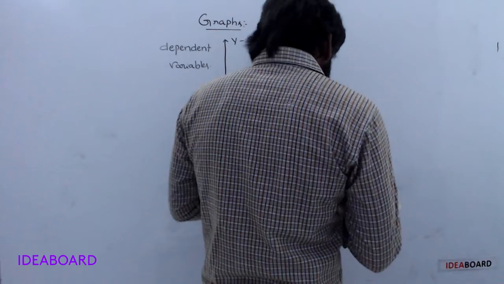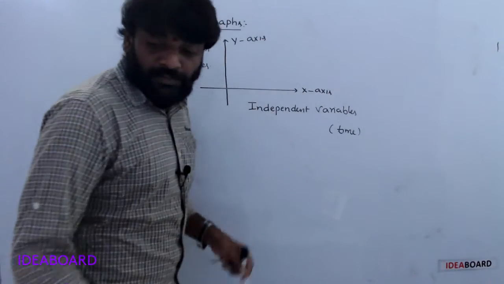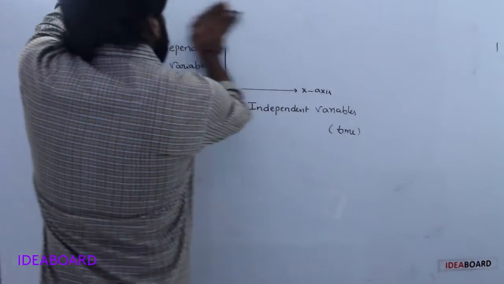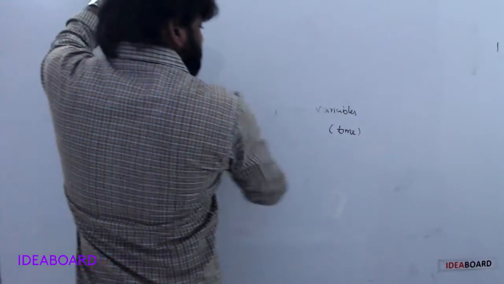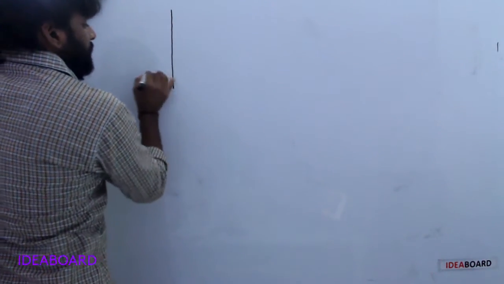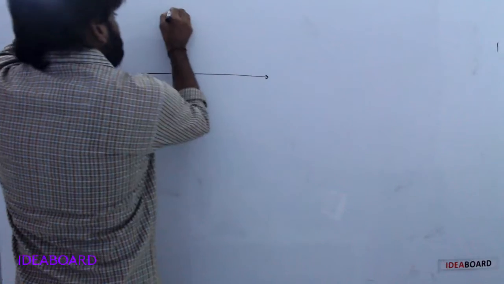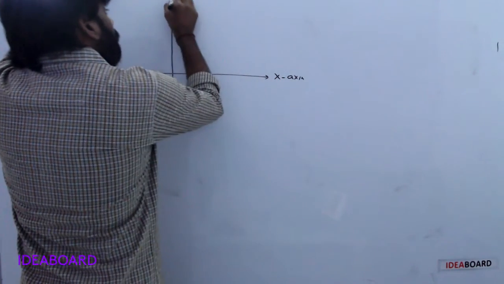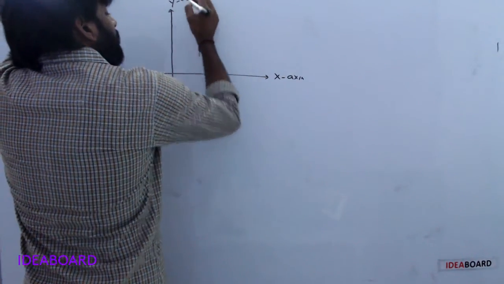Now how to find out the slope? To find out the slope, two processes are there. First process is this one: x-axis, y-axis.